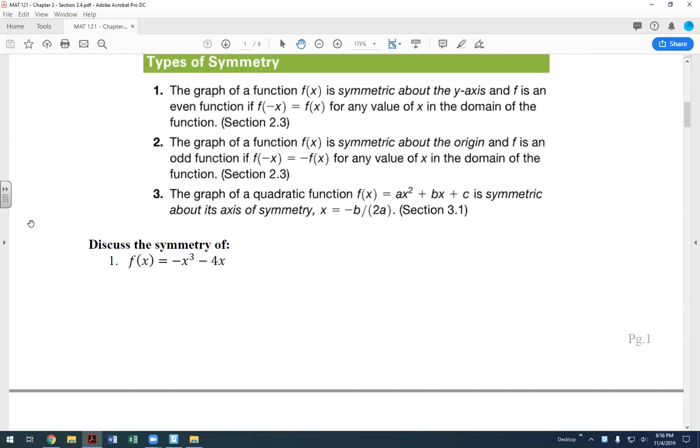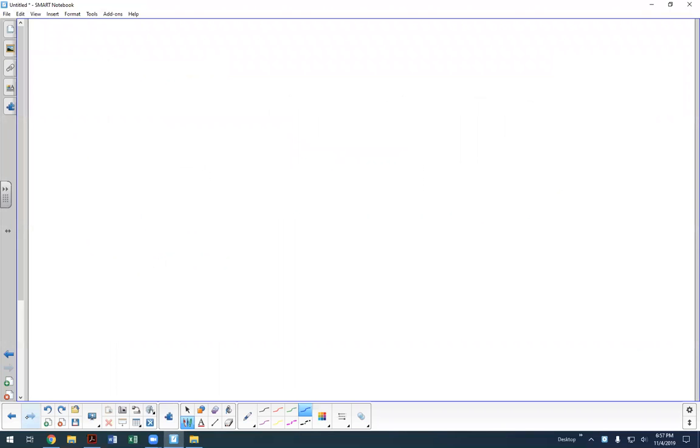So what can we say about number 1 here? What kind of symmetry does number 1 have? So we are given negative x to the third minus 4x.